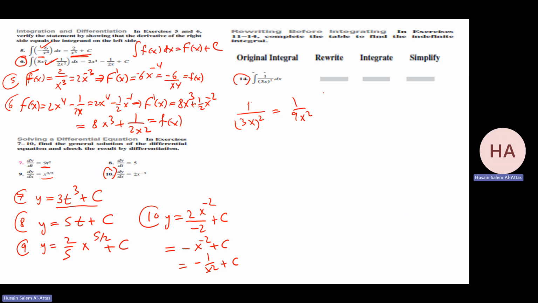In other words, that will be 1 over 9, take it out, x to the power minus 2 dx. Integrate, I add 1, I subtract, I divide by it, plus c. Simplify, that will be minus 1 over 9, x to the power minus 1 plus c. Or in other words, minus 1 over 9x plus c.